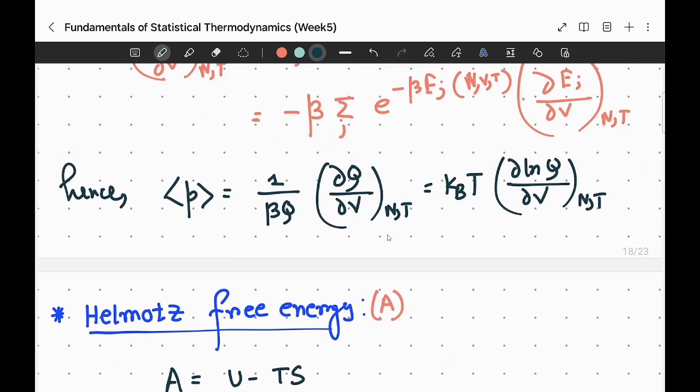Look, the temperature is given. 1 mole means Na will be multiplied here, so it is Na kb. Na kb is essentially R, which is also given. So everything is given. You just have to calculate that.